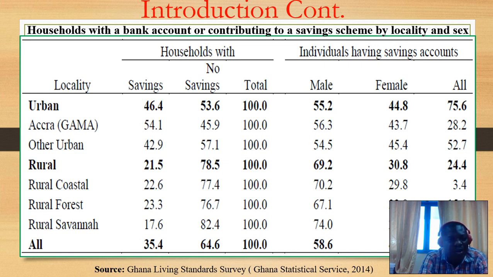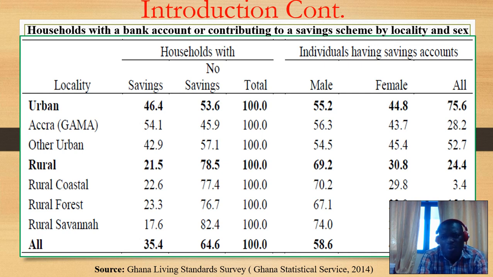When we combine all these things from urban area up to rural savanna, only 35.4% are saving and 64.6% are not saving. So that is a clear indication that saving is an important area that we need to consider, because it has some relationship with the growth of the economy, it has some relationship with the growth of the population.